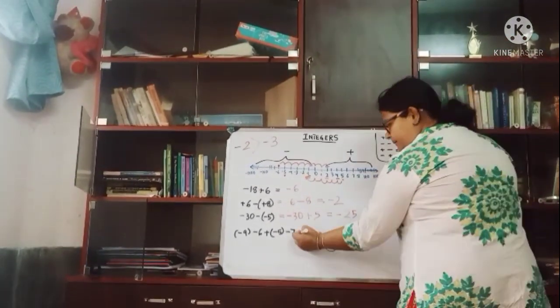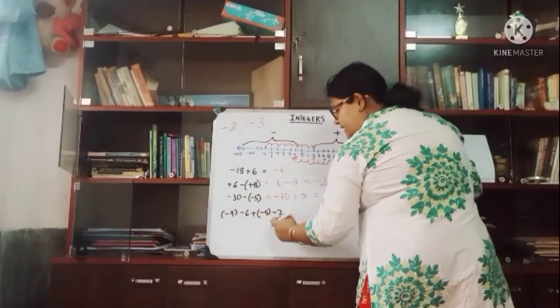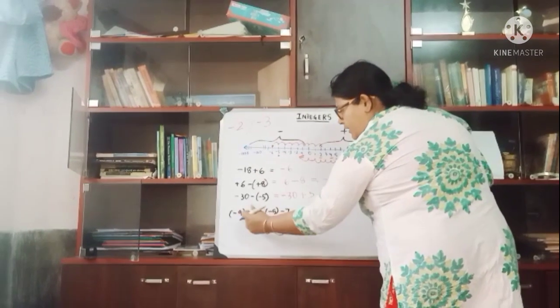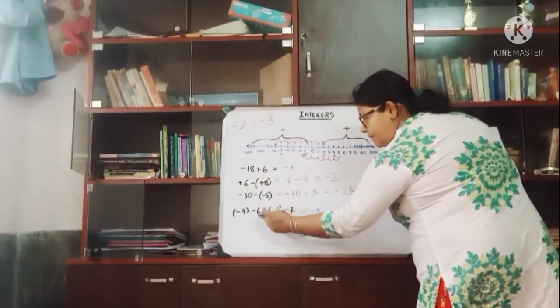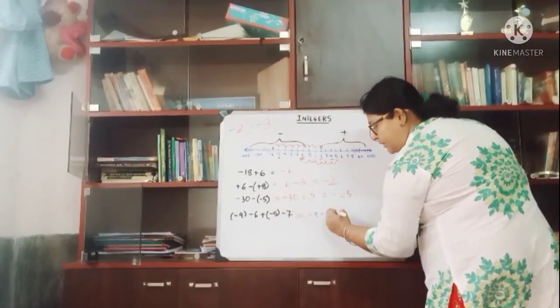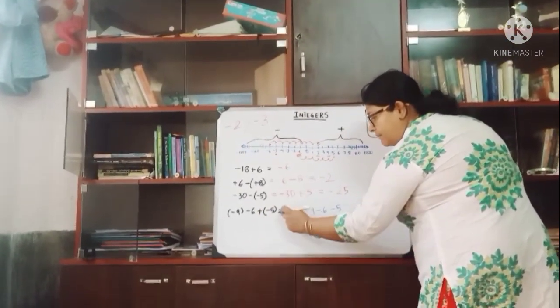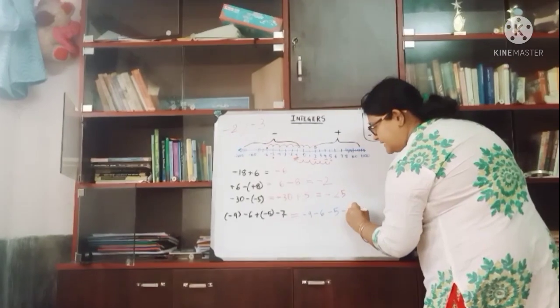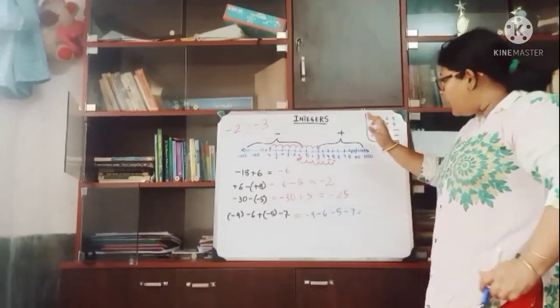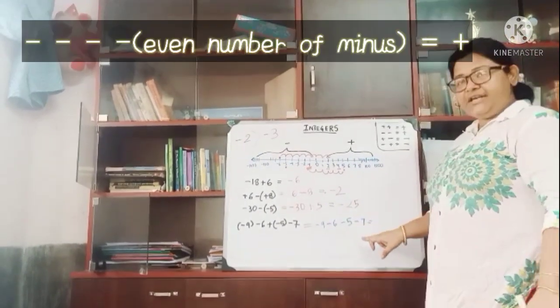Okay? Now, similarly, this sum. Let's do this sum in a similar way. Minus 9, minus 6. Don't worry about the bracket. Plus minus will be always minus. Minus 5, minus 7. So, let's calculate it. Everything you can see is minus. All the minuses will be added together. Okay?